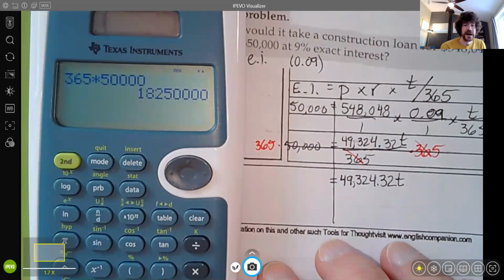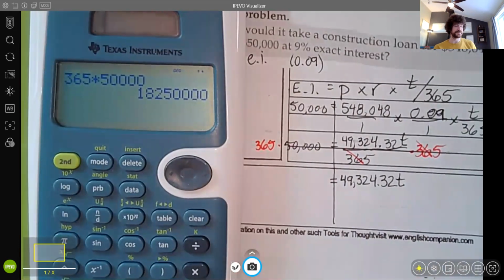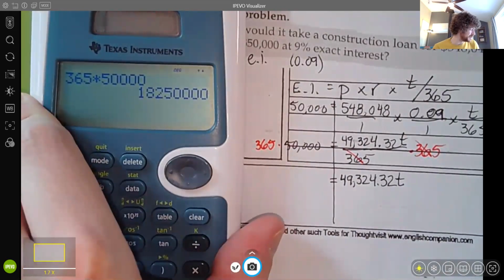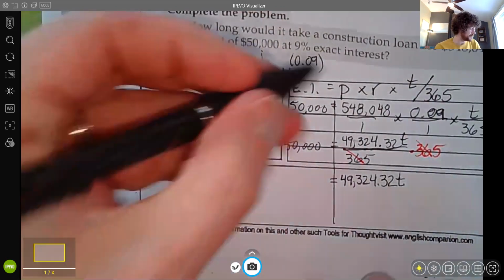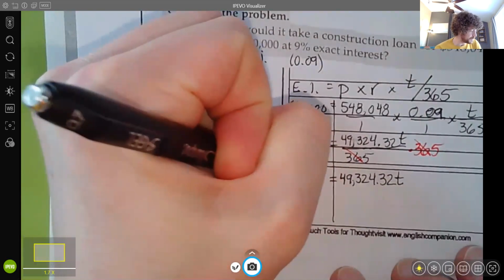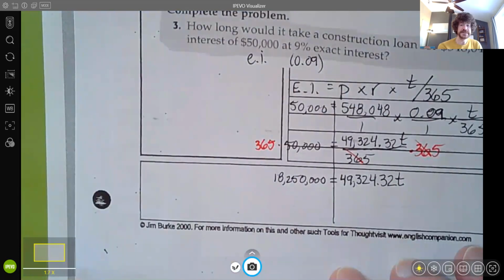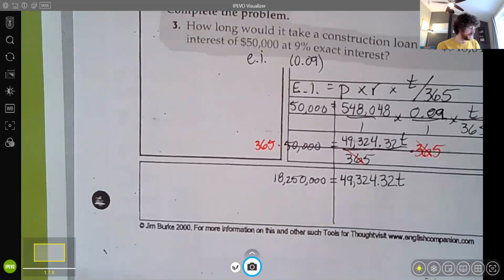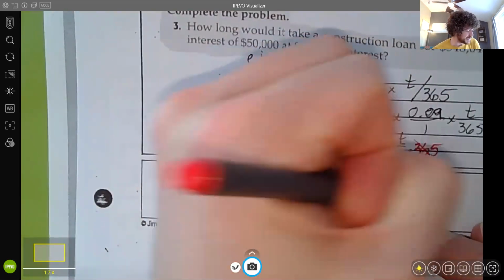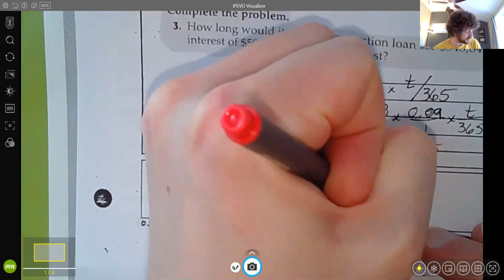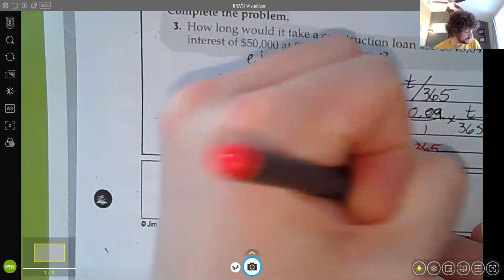There it is. That would be, what is that, 18,250,000. Without the commas, it's a little bit challenging, but it's 18,250,000. There it is. Last step, divide by our 49,324.32.